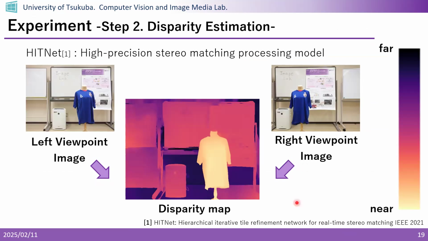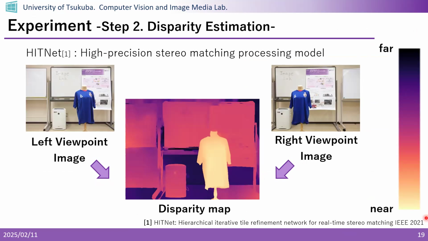This is the disparity estimation step. The image in the center is a generated disparity map. We use a model called HITNet to estimate disparity. Dark purple areas are small disparity and far from the camera.